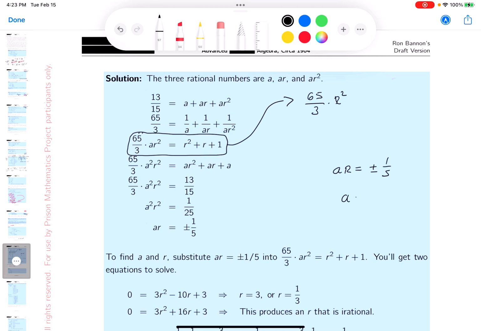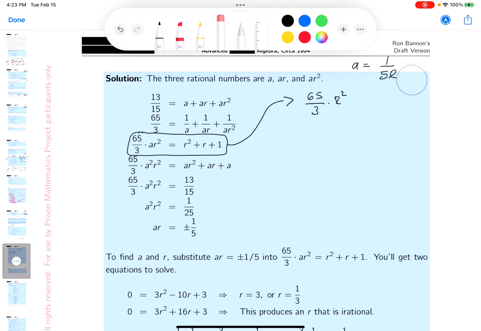So A is plus or minus 1/5R. What I want to do over here is take A to be 1/5R first. After I'm done with that, I'm going to do the other one. I'm going to get my eraser out. First, let me take a look at it and make sure I got this right. AR is plus or minus 1/5. A equals plus or minus 1/5R. Yeah, looks pretty good.